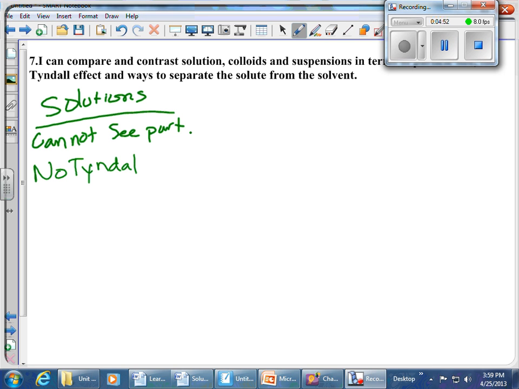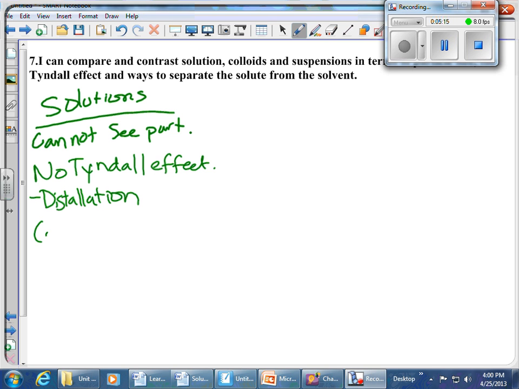All right, a beam of light is just going to go right through because the particles are so small. Okay, and really the only way to separate these would be through distillation, or some other mechanism where you'd have to boil water or maybe centrifuge, things like that, okay?